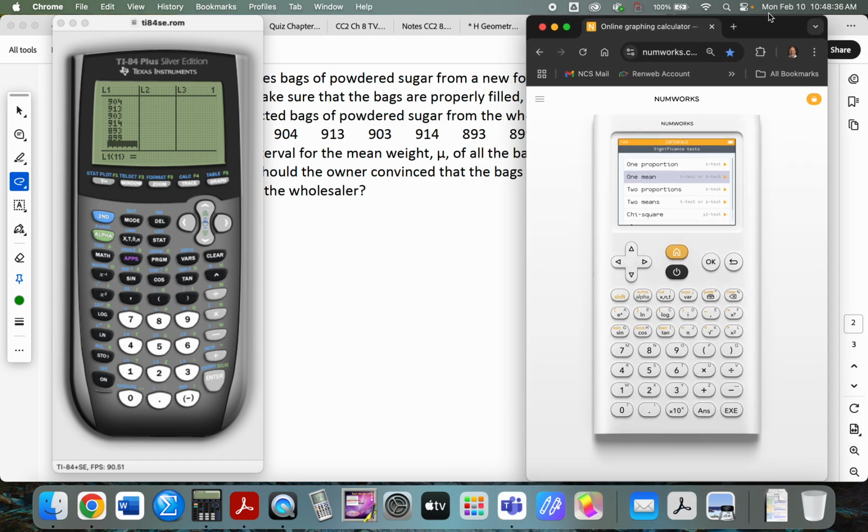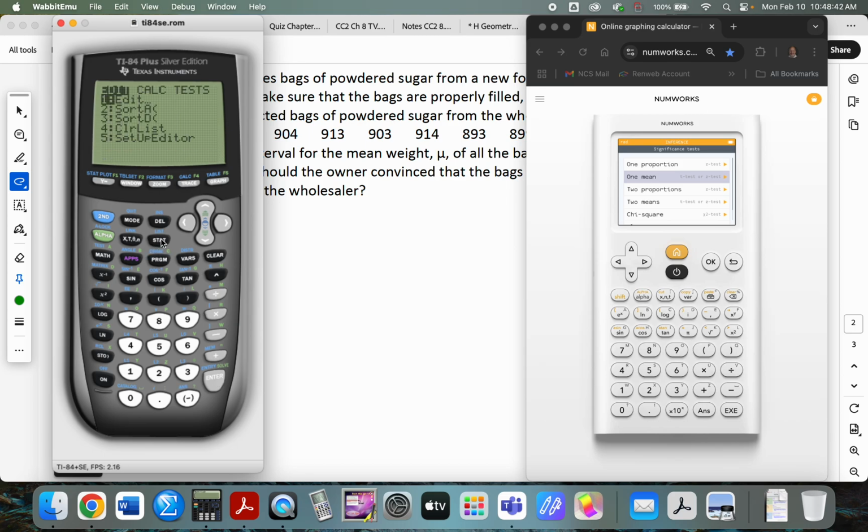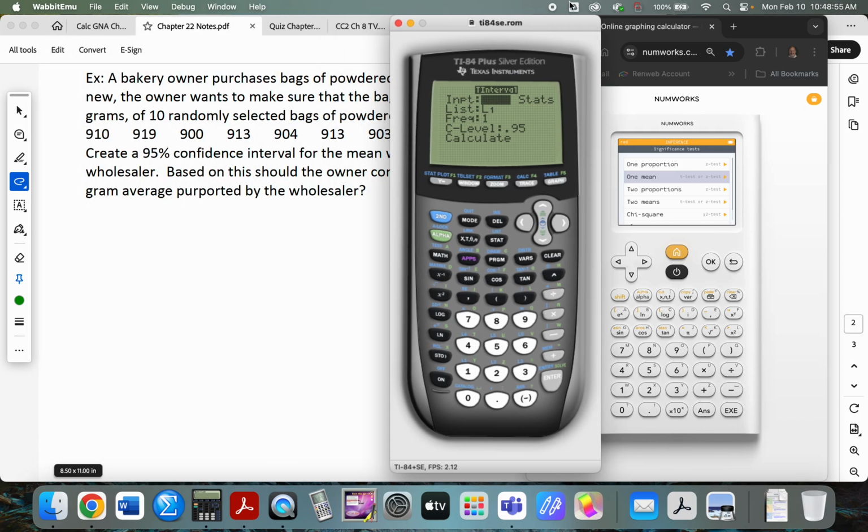Now I'm stuck, so I'm going to go back to test. And it's a T interval. And did they say 95%? Yeah.